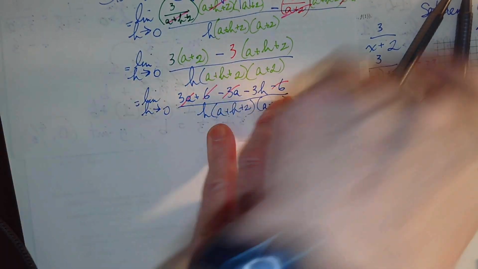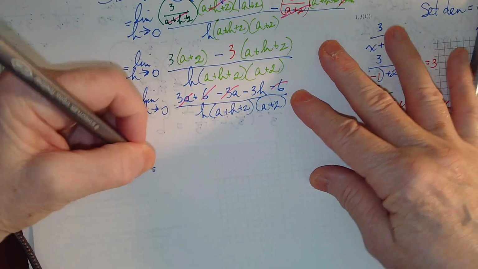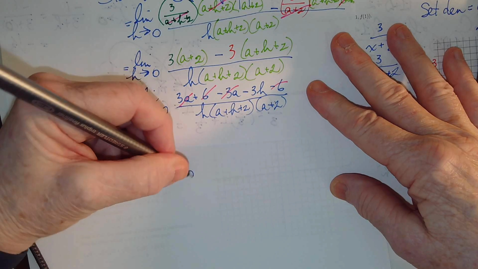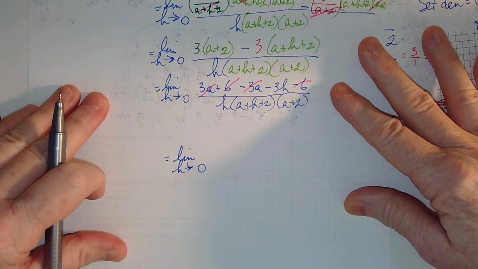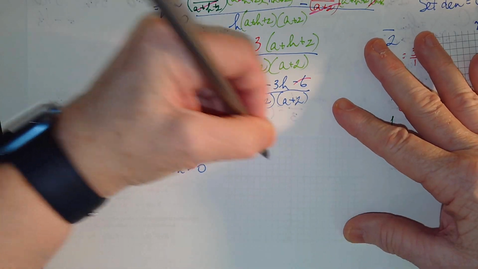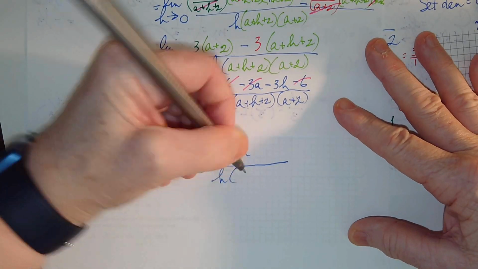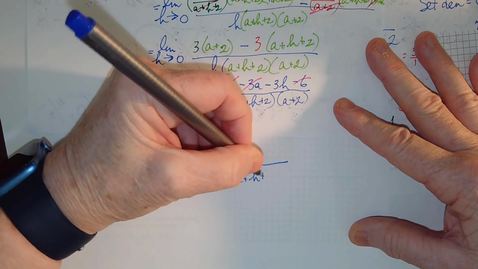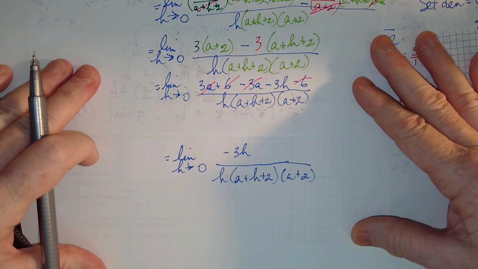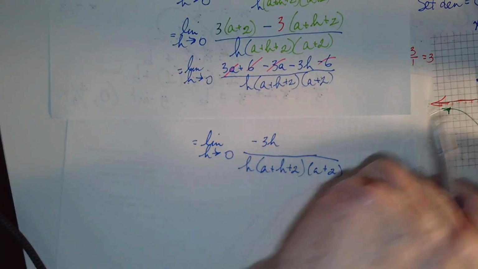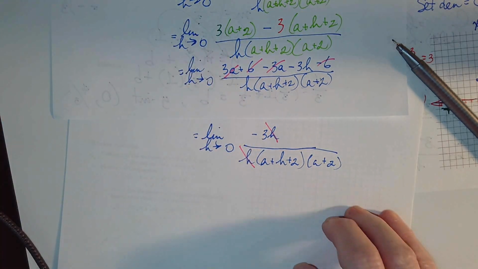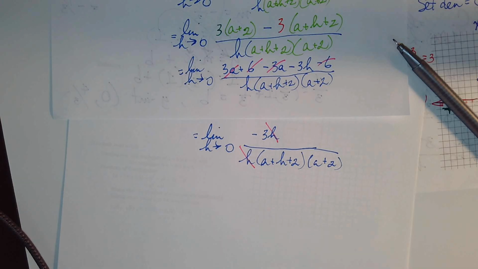Okay, so we've got the limit as h goes to 0 of negative 3h divided by h times a plus h plus 2 times a plus 2. And what happy thing can we do? Absolutely correct. We can divide out that common factor of h between numerator and denominator.